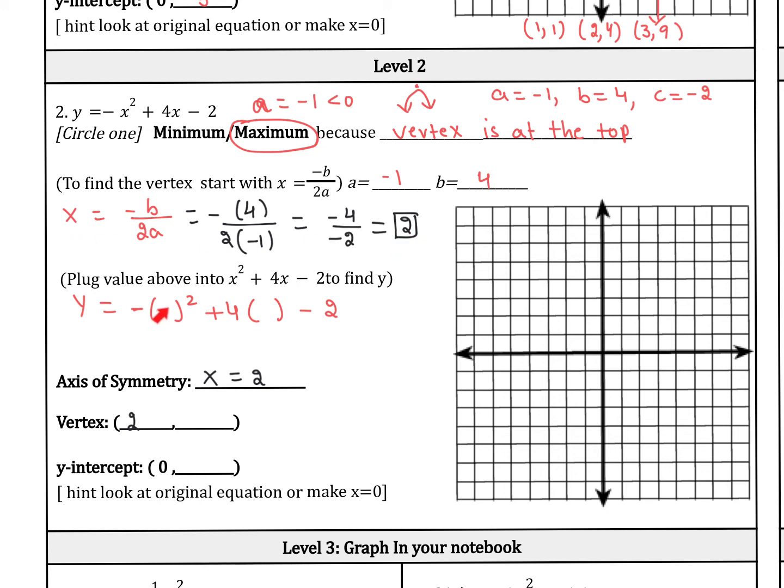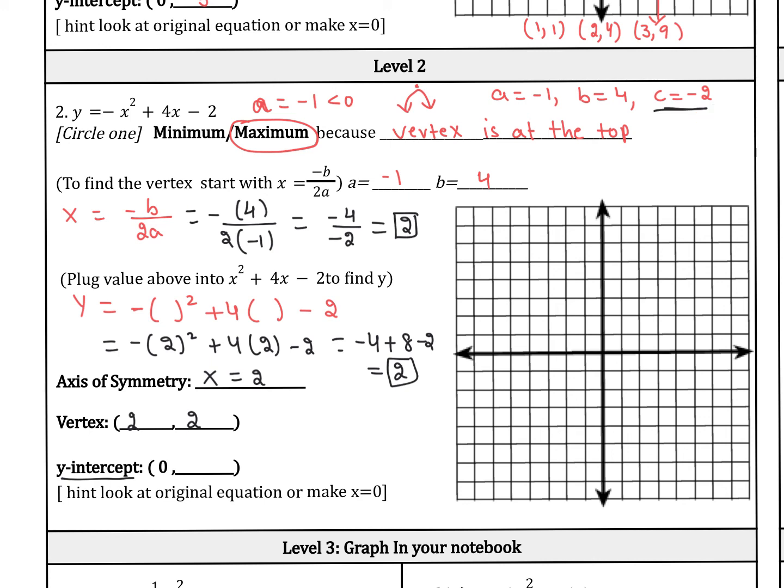So you get negative 2 squared plus 4 times 2 minus 2. That is negative 4 plus 8 minus 2. So 4 minus 2 is 2. The vertex is 2, 2.